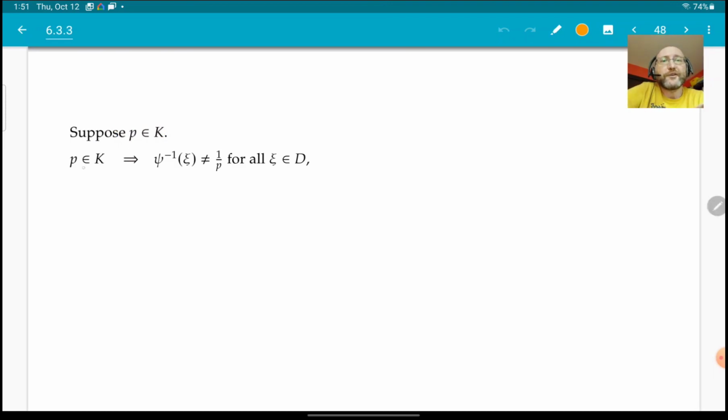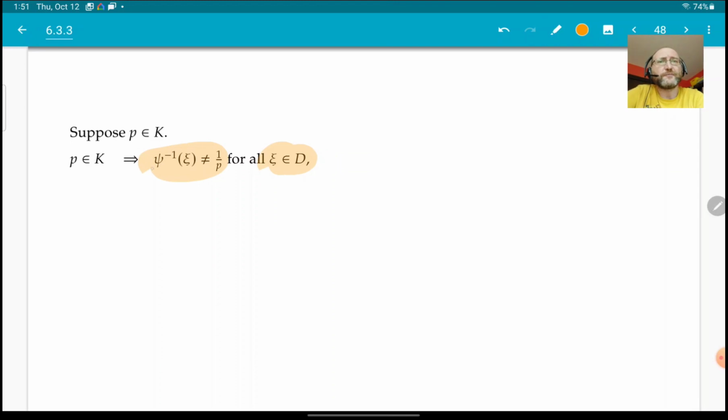Phew, right? So now let's suppose that P is in K, right? So P in K. That means that whenever I have C in D, I don't have that C inverse of C is 1/p, right?